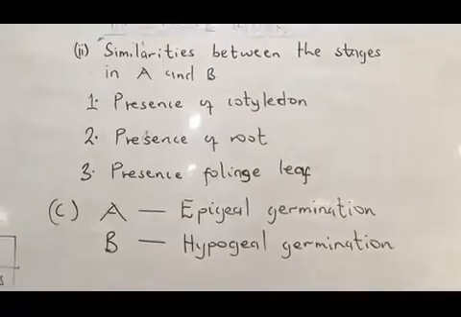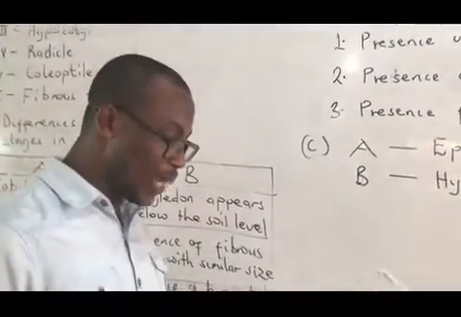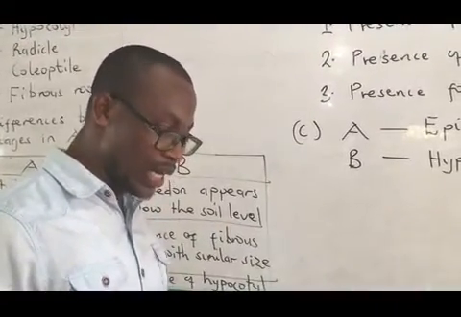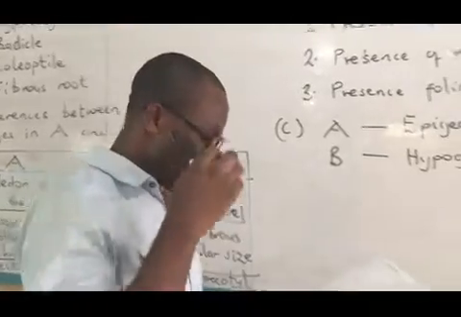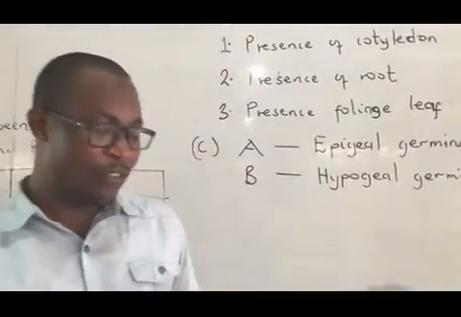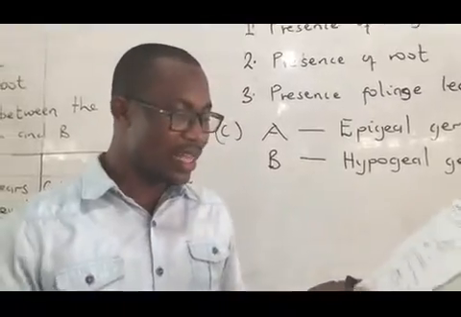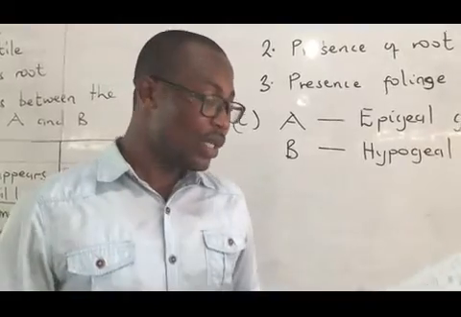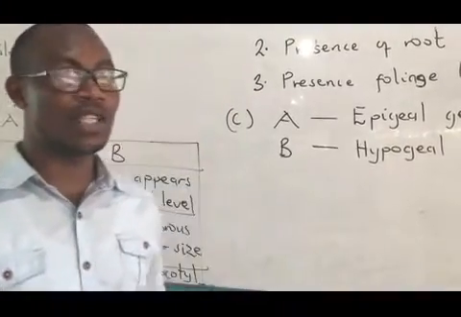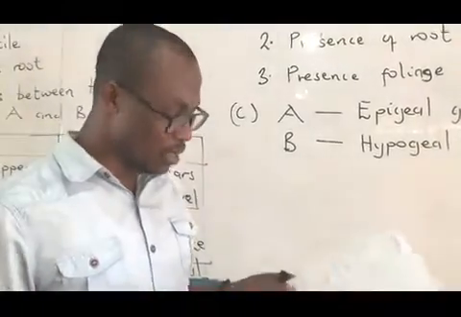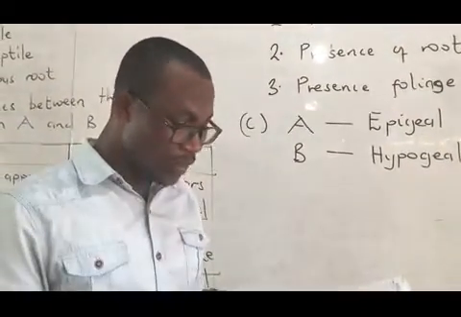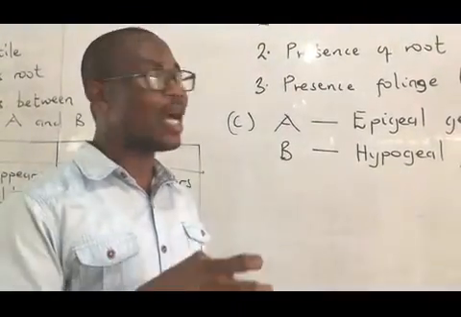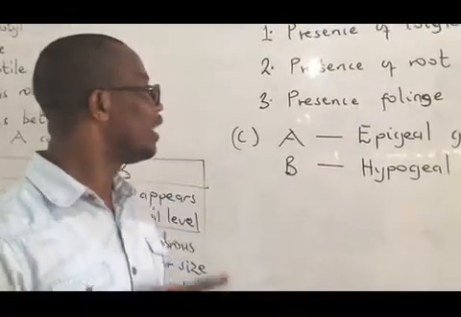Question D says, explain briefly how the seedlings obtained nourishment during the period. So we are looking at what happened before germination occurs, and then the seedlings begin to grow. During the process of germination, the embryo obtains nutrient from the cotyledon. There is food reserve in the cotyledon.